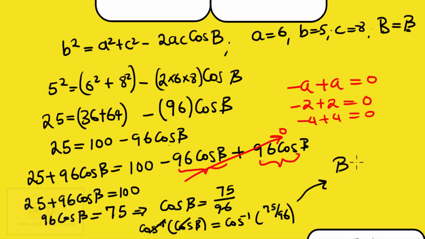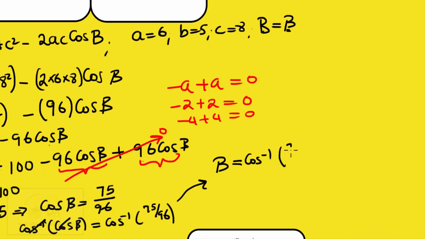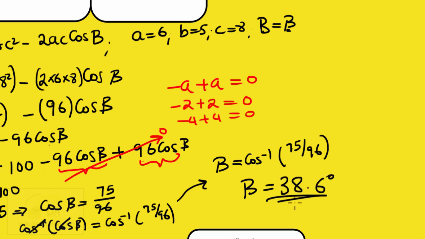And that leaves beta on the left hand side and the inverse cosine of 75 over 96 on the right hand side. If you hit the shift key in your calculator, hit the cosine key, you type in 75 divided by 96, you hit the equals sign, you get that the angle beta is equal to 38.6 degrees. And that's all.